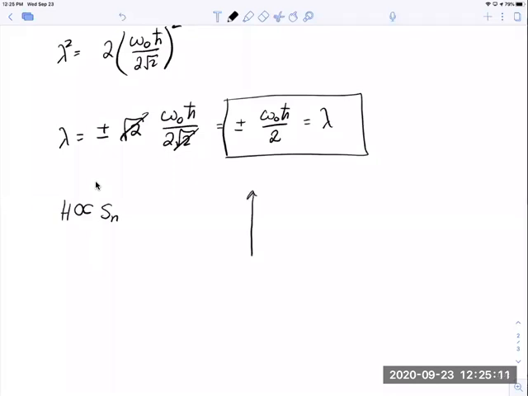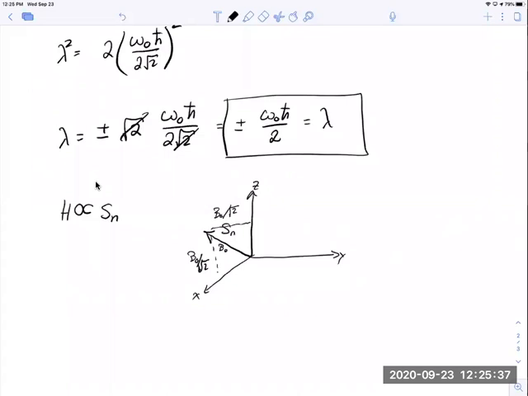And if I look at my X, Y, Z coordinate system, spin sub n is in this direction. So if this is B naught, then I have B naught over the square root of 2 here, and B naught over the square root of 2 along this direction.